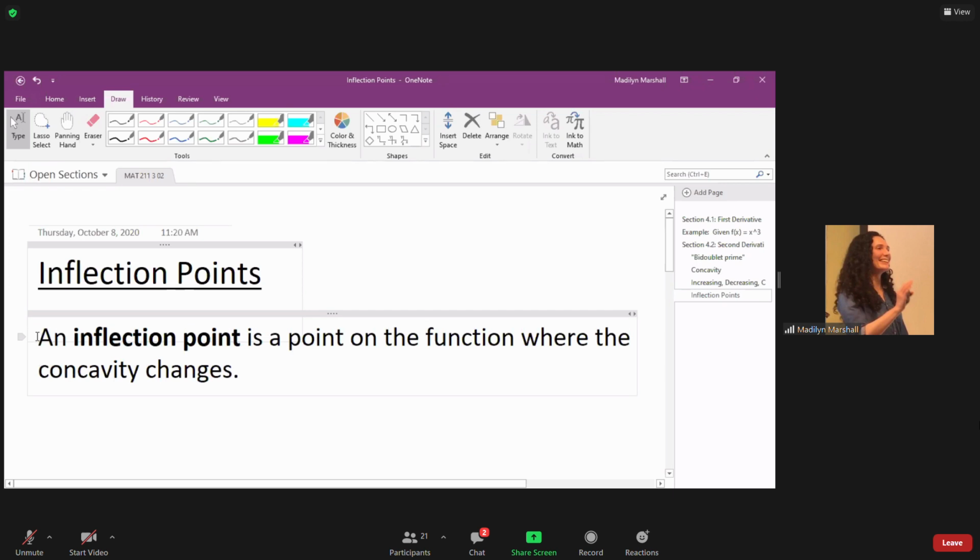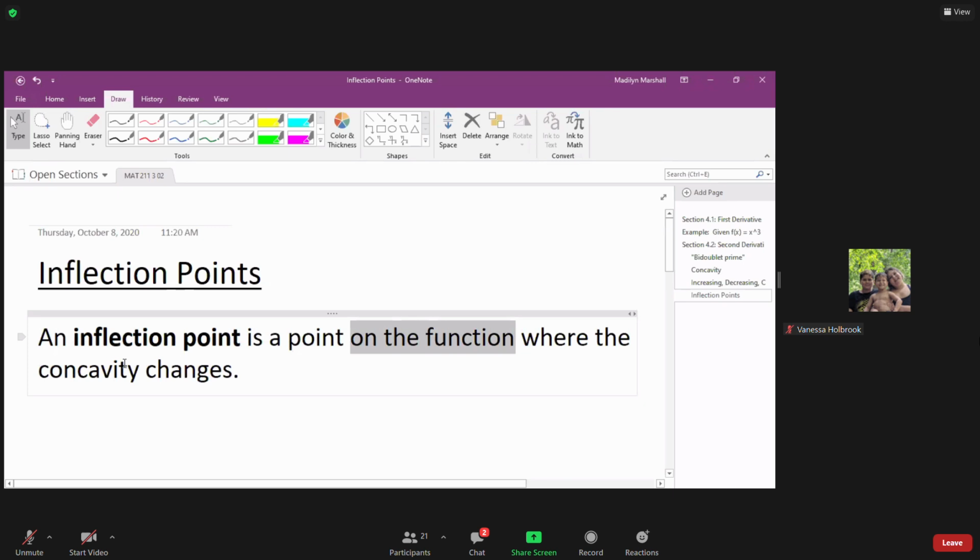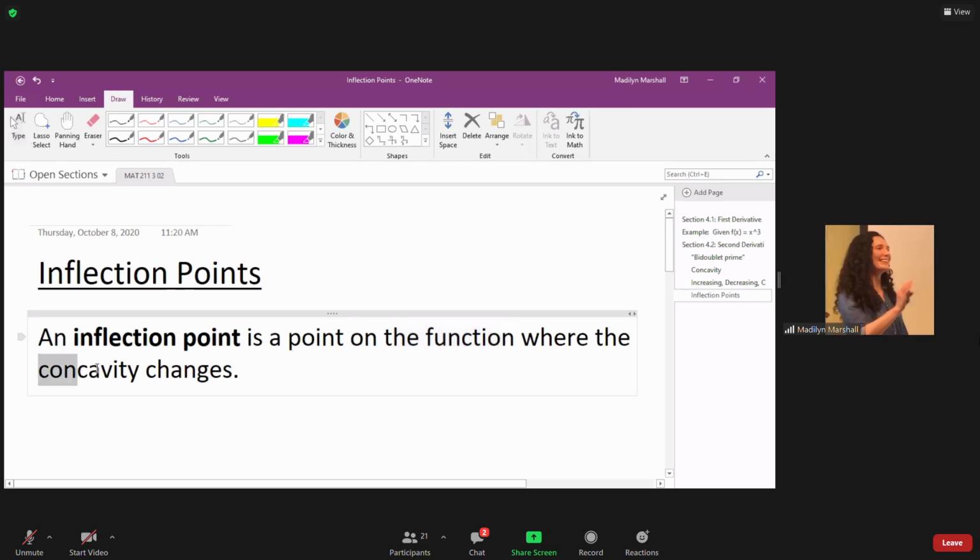So inflection point is actually a word that we use in regular life sometimes as well, and it's usually some time where a change happens. And so in math, specifically, an inflection point is a point on the function where the concavity changes. So that means it either changes from up to down or down to up.